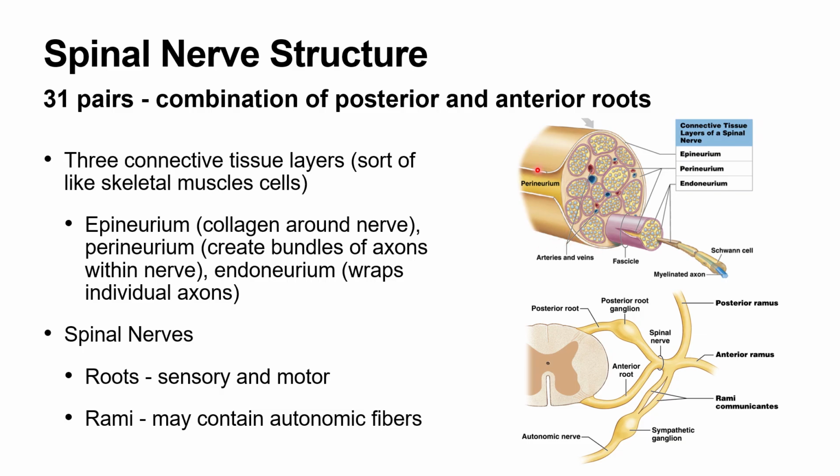So we're going to start off by first looking at the outer layer here that we call the epineurium. Now, the epineurium is going to be the thickest and mostly full of collagen. Just underneath, we have the perineurium. The perineurium is going to help divide all of the axons into smaller bundles or smaller fascicles that we see through here.